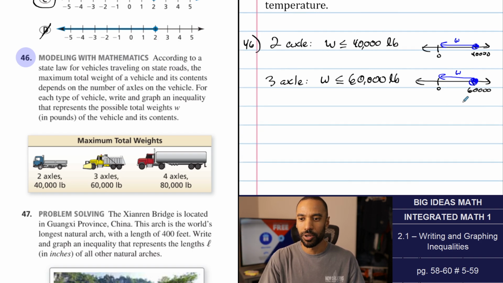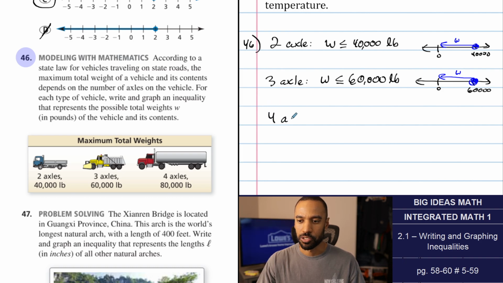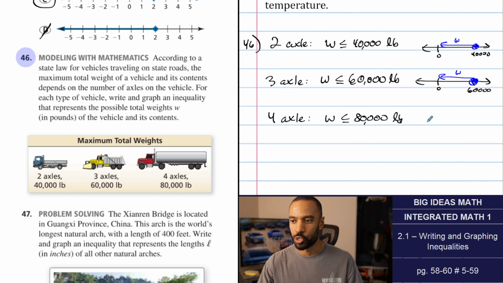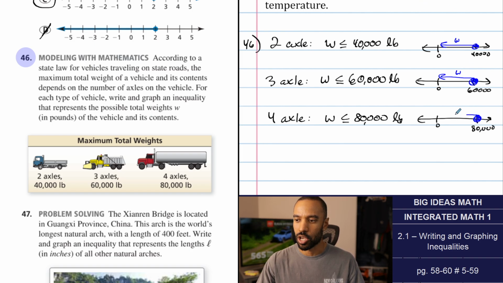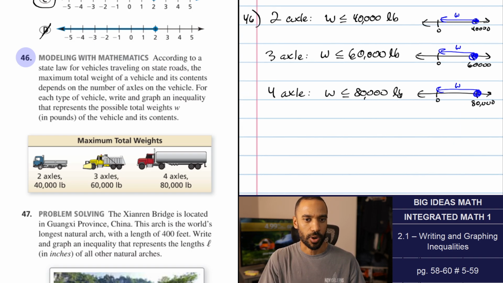I guess 0's included. A 0-pound vehicle. And then 4 axles, 80,000. I could have just copied and pasted everything and just turned the 6 into an 8, because I'm not changing anything on these graphs here. A little mundane of a problem, because nothing really changes, unless, of course, I do different things on my scaling for these, but this is how they work as graphs.